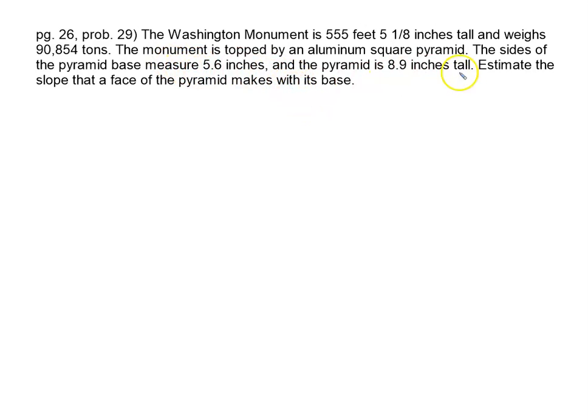So the bottom line is we're told to estimate the slope that a face of the pyramid makes with its base. Well, this pyramid sits on top of the monument. So really the pyramid becomes the focus of how we're going to come up with our final answer. So I'll just try to do a little artwork here.